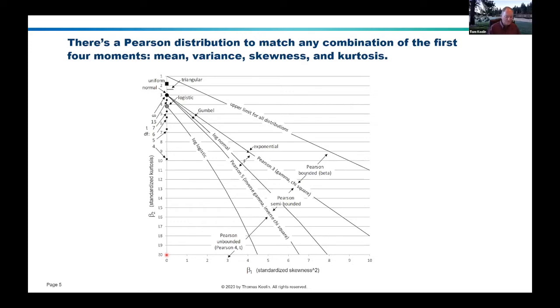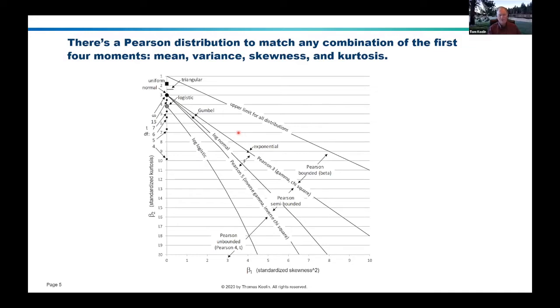But the important feature of the Pearson distributions, the key feature, is that if you pick a point anywhere on this chart, suppose you picked a point right there and said, I'm sorry, my kurtosis is 7 and my skewness is 4.